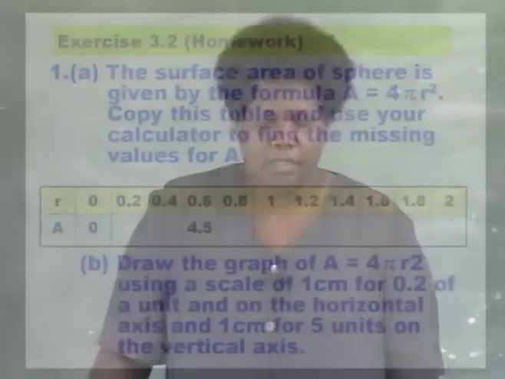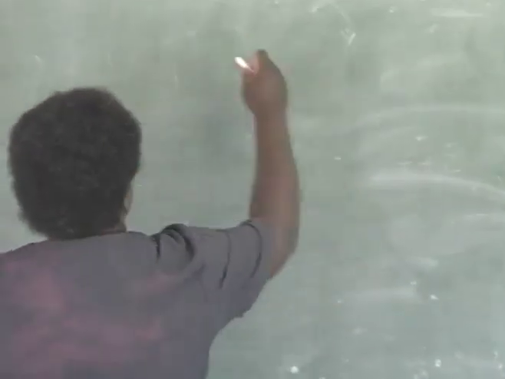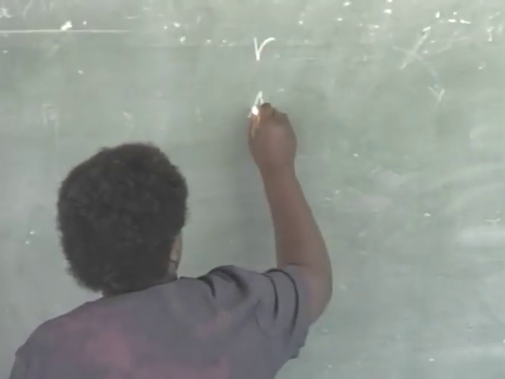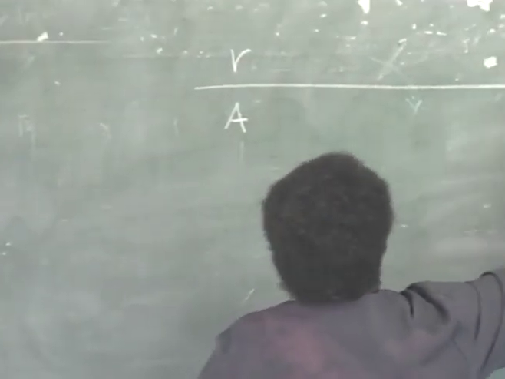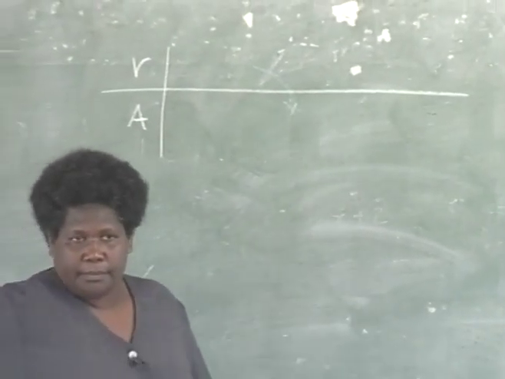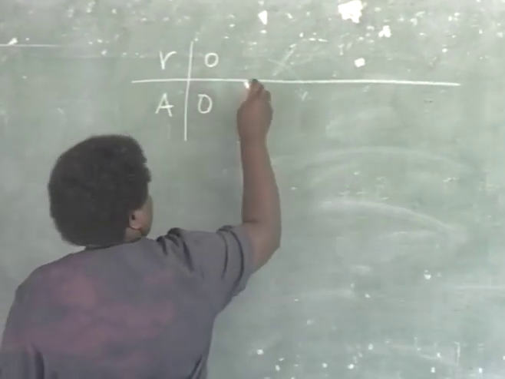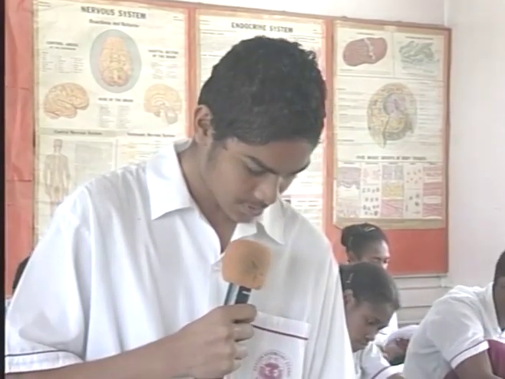Andrew, can you please give the values for A, given the values for R that are on the table of values? When r is equal to 0, a is equal to 0.